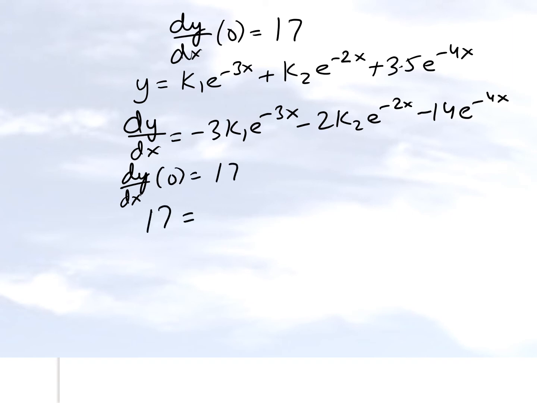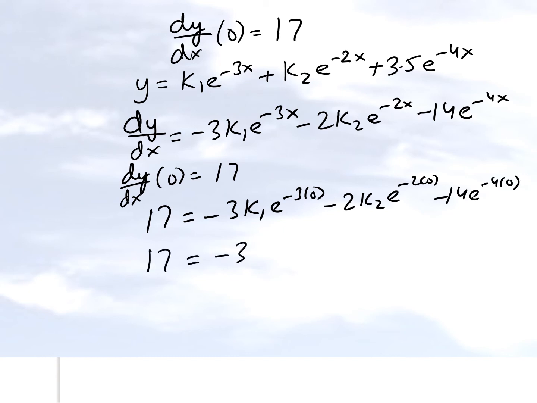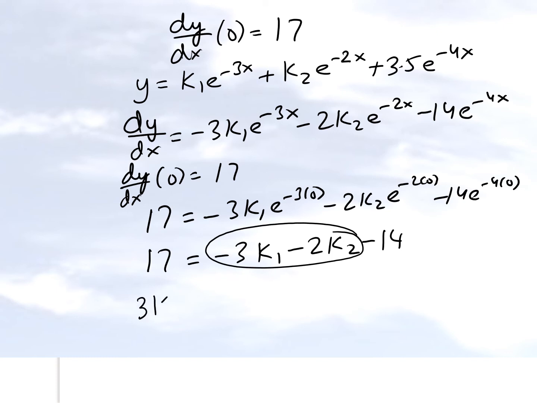So we get 17 equal to minus 3k1, minus 2k2, and minus 14 here. If we rewrite this equation by taking the unknowns to the left hand side, I get 3k1 plus 2k2 equal to minus 17 minus 14, minus 31. That is the second equation.